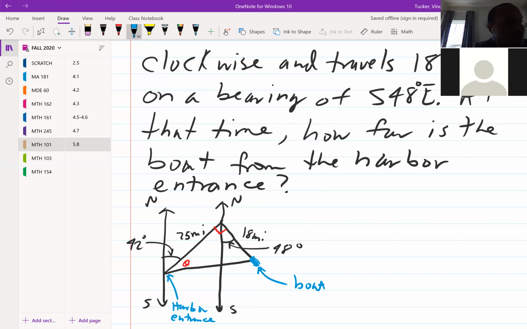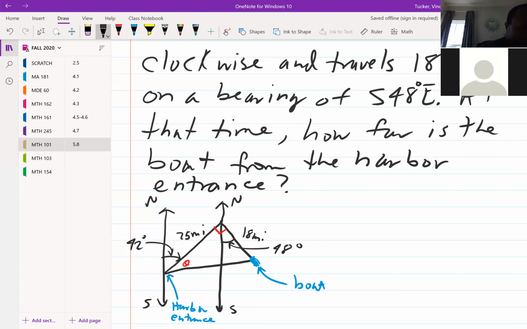All right, so let's go back to the description. The boat leaves the harbor, which is down here, bottom left corner. Travels up 25 miles. Well, it's bearing northeast, 42 degrees. So that's what we're looking at. That's what we got, 42 degrees out here. It tells us we're going 25 miles in that direction.